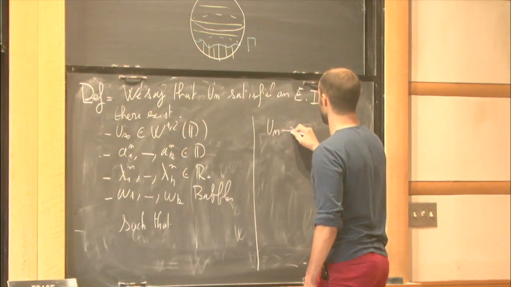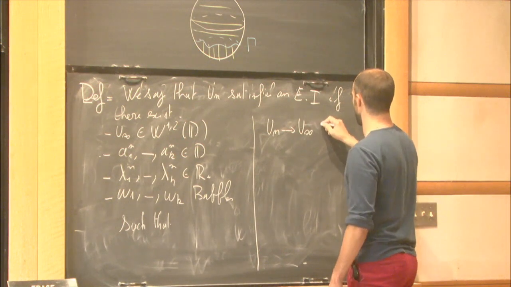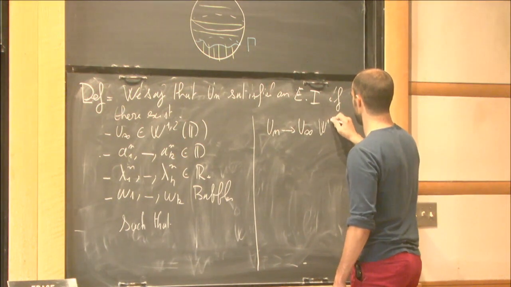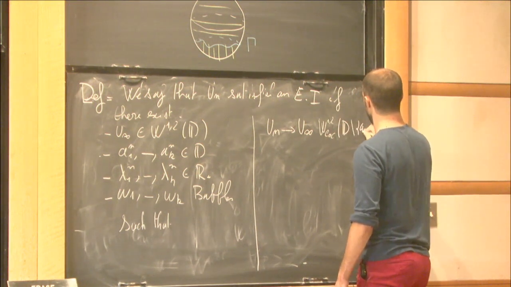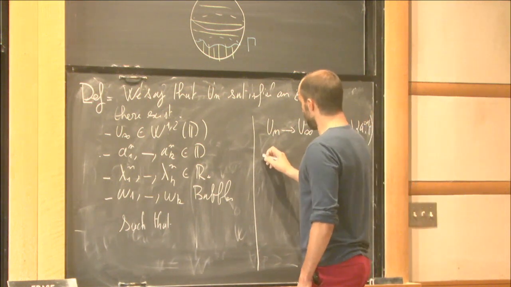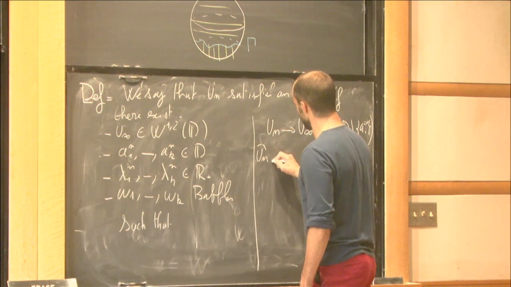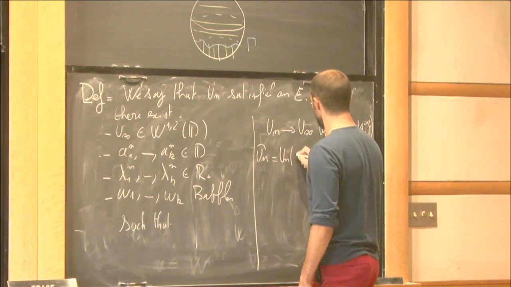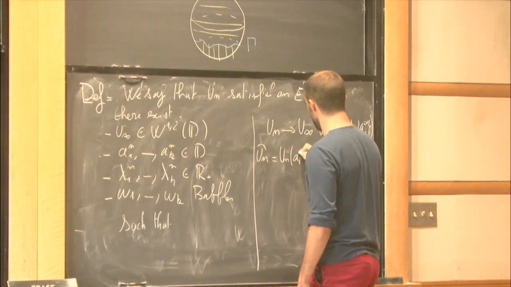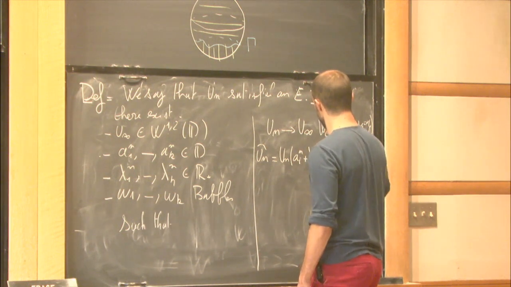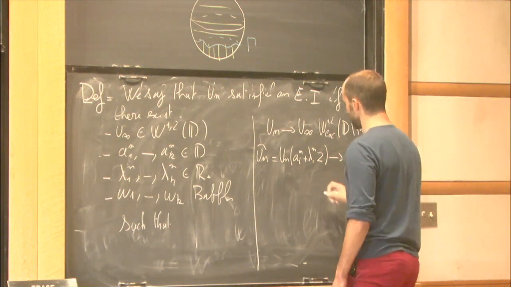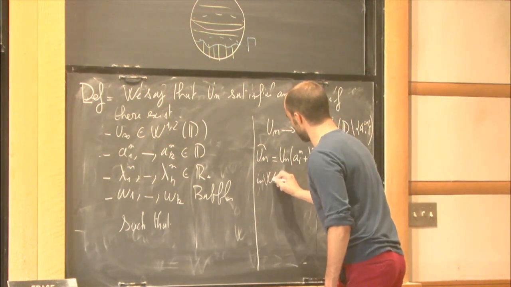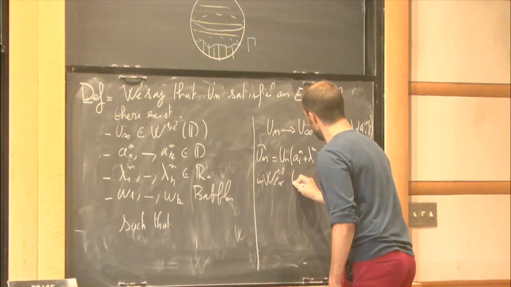of course u_n goes to u_infinity in W^{1,2}_loc of the disk minus the points a_infinity^i. If you rescale u_n correctly, that is to say around the point of concentration by the scale of concentration, you converge to some omega_i in W^{1,2}_loc of R^2.